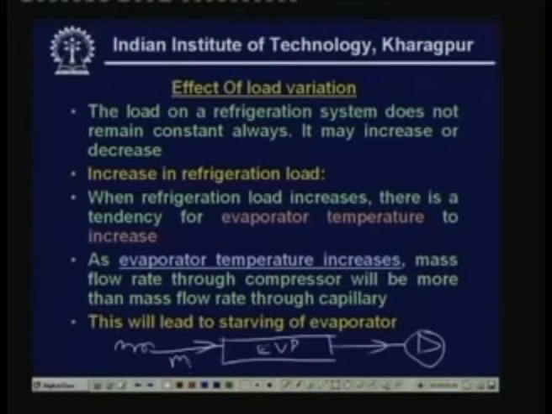Let us say that this is the inlet mass flow rate, and this is the outlet mass flow rate. So when the evaporator temperature increases, m dot O will be greater than m dot I. That means you are taking out more refrigerant from the evaporator than you are supplying to the evaporator. As a result, the evaporator will starve.